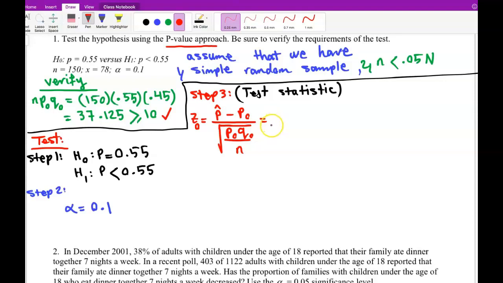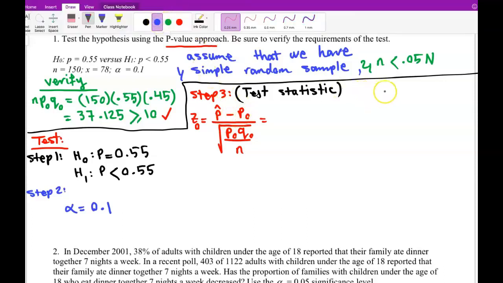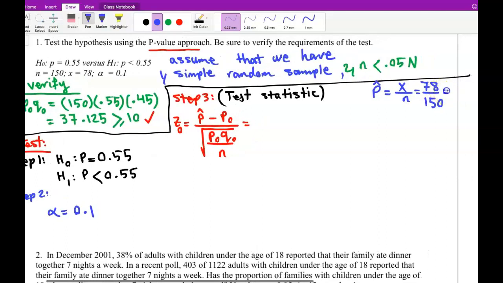Okay, so before writing that part, I need to find what p hat is. P hat is equal to x divided by n. x is 78 and n is 150. That is equal to 0.52.